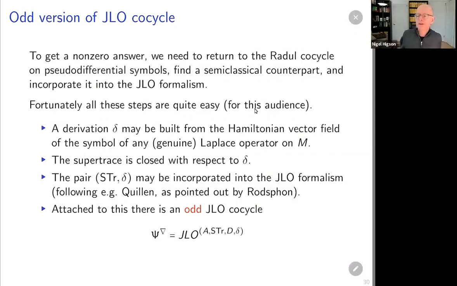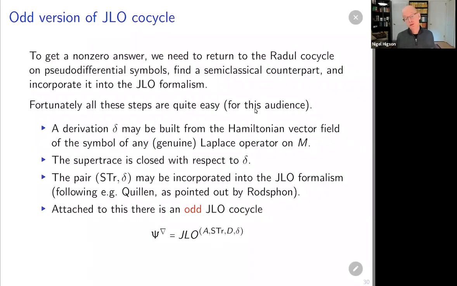So that's a function on T star of M. And then you take the logarithm of the symbol of an actual Laplace operator. So that's another function on T star of M. And of course, it generates a Hamiltonian vector field. And bracket, Lie bracket or commutator bracket with that Hamiltonian vector field is the derivation delta.